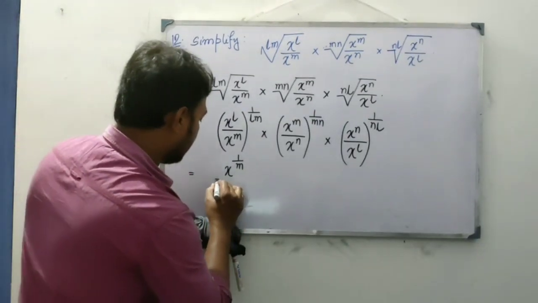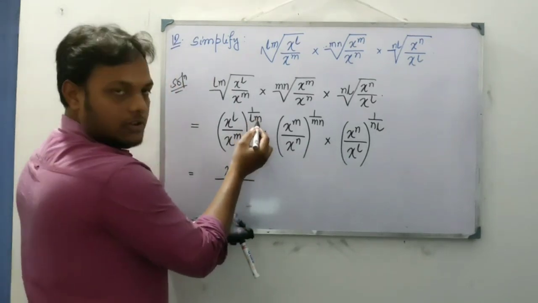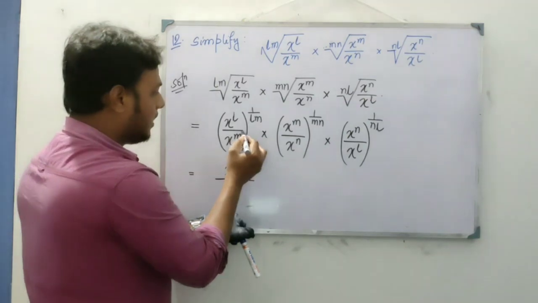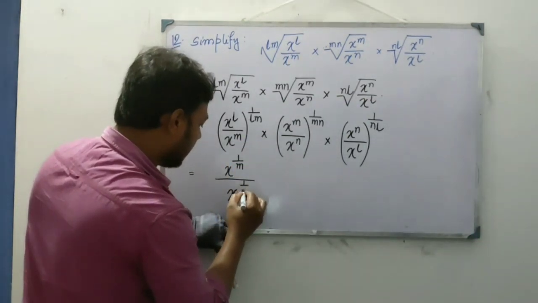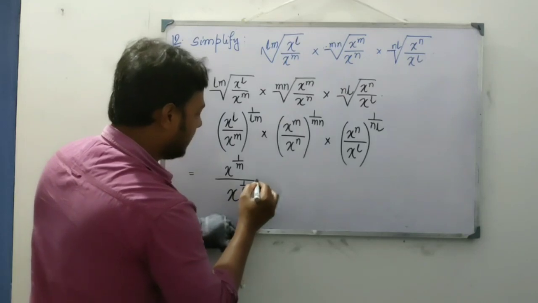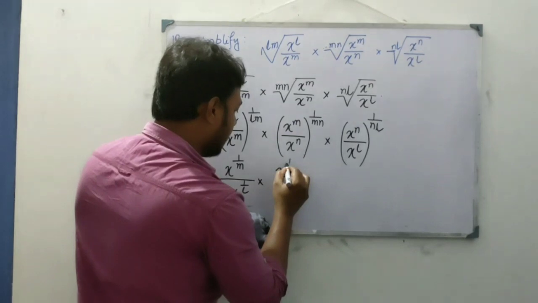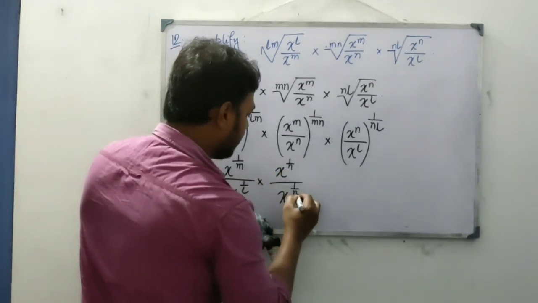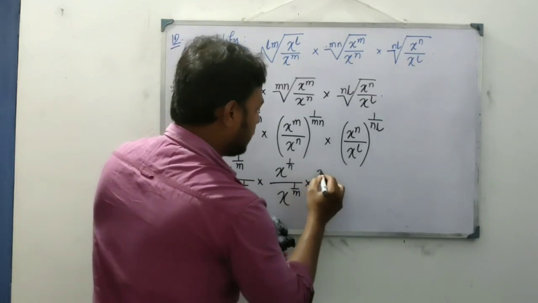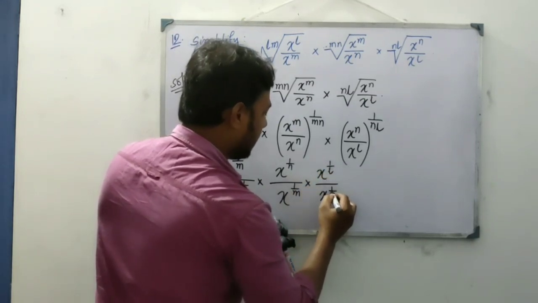Similarly in the denominator it will be m into 1 by lm. If we distribute this power in the denominator also, then m will be cancelled out. Then it will be x to the power 1 by l. Similarly for the second case, m cancels out and x to the power 1 by n by x to the power 1 by m into x to the power 1 by l by x to the power 1 by n.